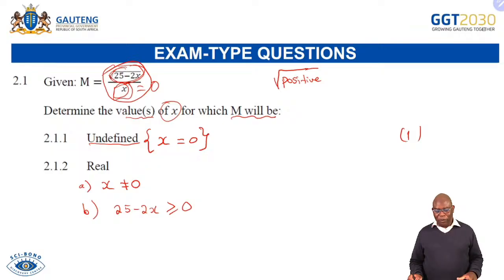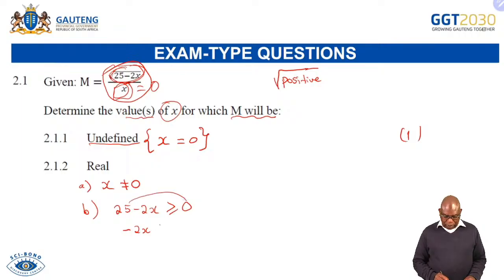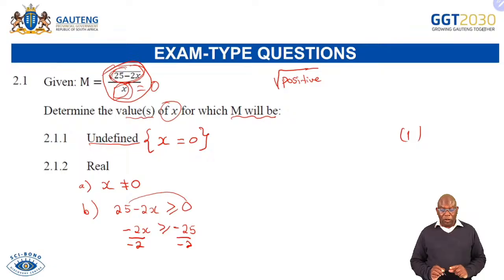So what will be the values of x? Let's check. Minus 2x, transpose this, you get greater than or equal to negative 25. But I know when I divide by a negative, the inequality sign changes.